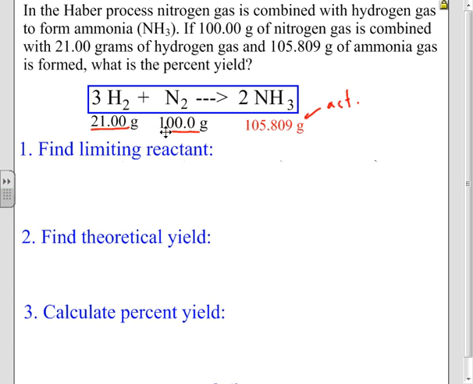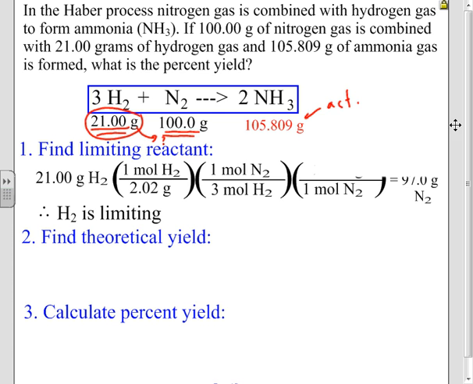If you're given a quantity of each reactant, you have to first figure out the limiting reactant. So to figure out the limiting reactant, we're going to choose one reactant and then convert to the other reactant and ask the question, for the 21 grams of hydrogen, how many grams of the nitrogen do I really need? Do I need more or less than that 100 grams?